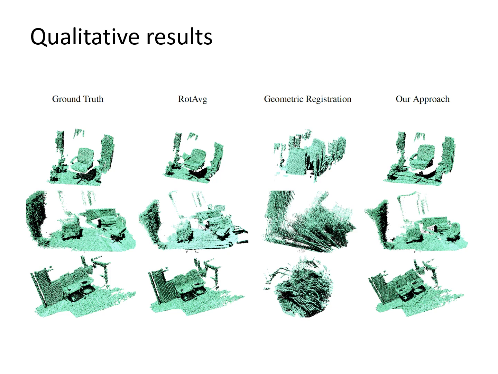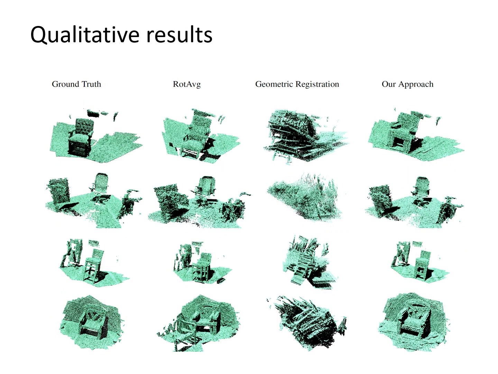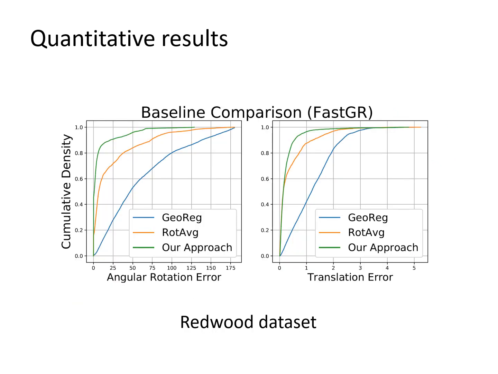The results turn out to be significantly better than using a handcrafted objective function. We compared with a couple of state-of-the-art techniques for performing transformation synchronization, both qualitatively and quantitatively, and this really shows the benefit of using a neural network to encode the synchronization procedure.